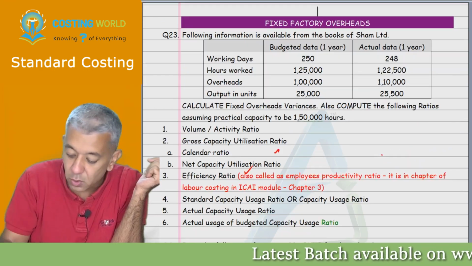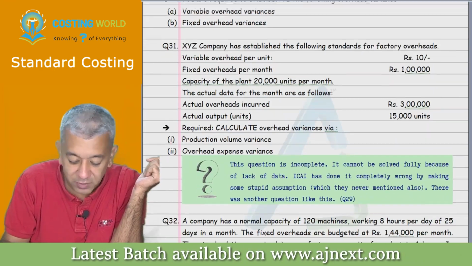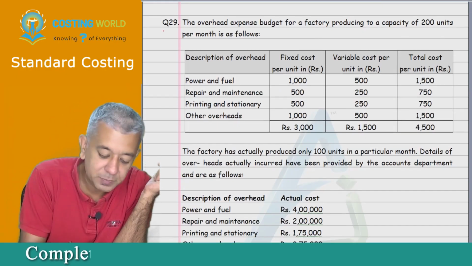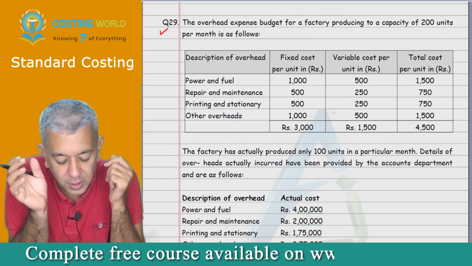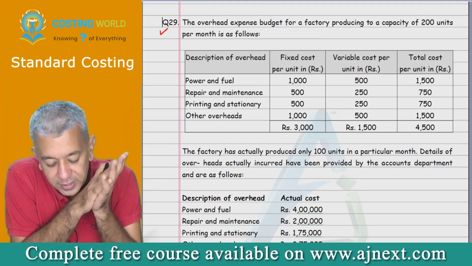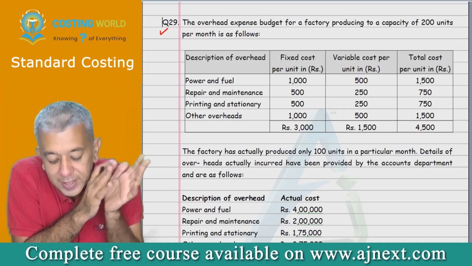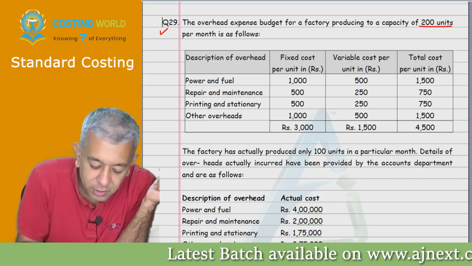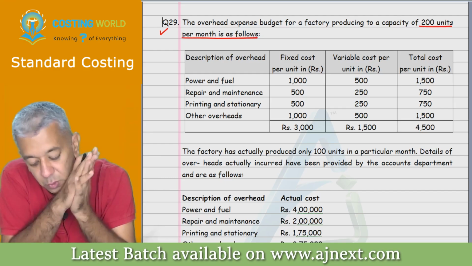Now this is all on variable overheads and fixed overheads combined. Listen. The overhead expense budget for a factory producing to a capacity of 200 units per month is as follows.